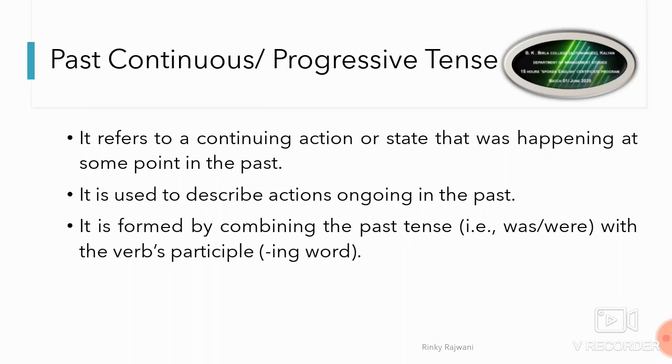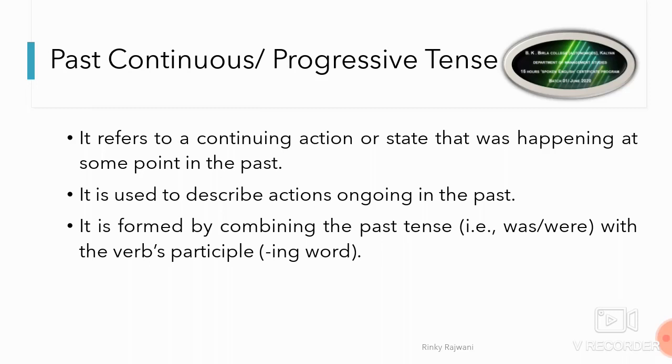So this refers to a continuing action or a state that was happening at some point in past. So it is used to describe actions ongoing in past. Continuous means what? It means ongoing. So certain actions which were ongoing in past can be described as past continuous tense.